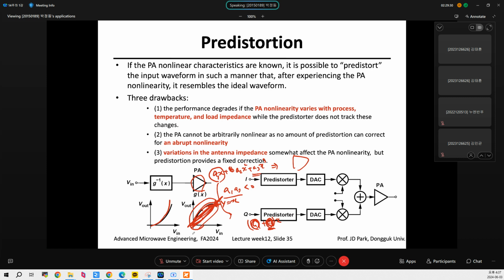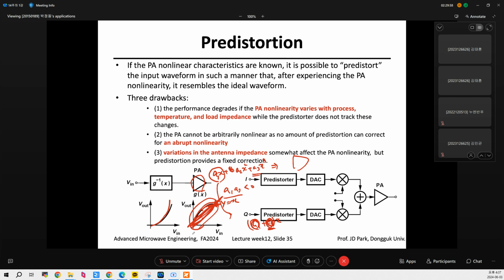So there are three drawbacks. The first one is if power amplifier nonlinearity varies with process, temperature and load impedance, then the output is not good. The second one is if there exists absolute nonlinearity, it cannot correct this absolute nonlinearity.